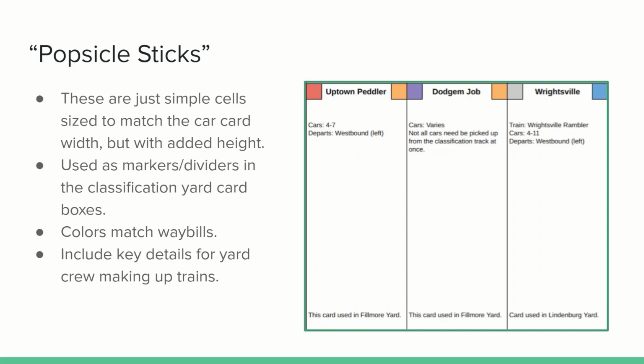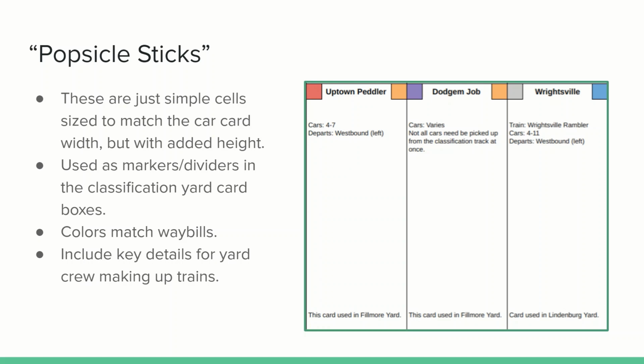And again, we use the same color scheme here, so that from a Yardmaster's perspective, if I've got a track that's already designated here for this uptown peddler with the red and orange that you see, the leftmost one here, then any cars that come in on the next train that have that red-orange combination, I know to just drop into that same spot there on that same section of the track.